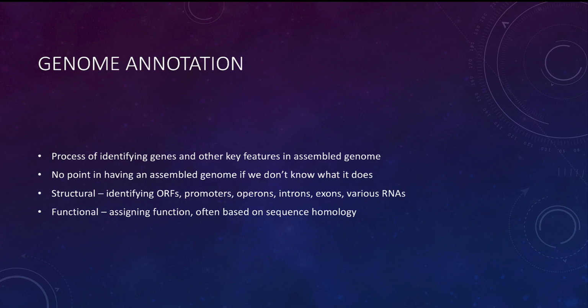But for example, Abyss and SPAdes can both be used to do eukaryotic genomes as well. It just takes forever unless you have a really powerful computer. So again, these are not only limited to prokaryotic genomes. You can use them for eukaryotic.